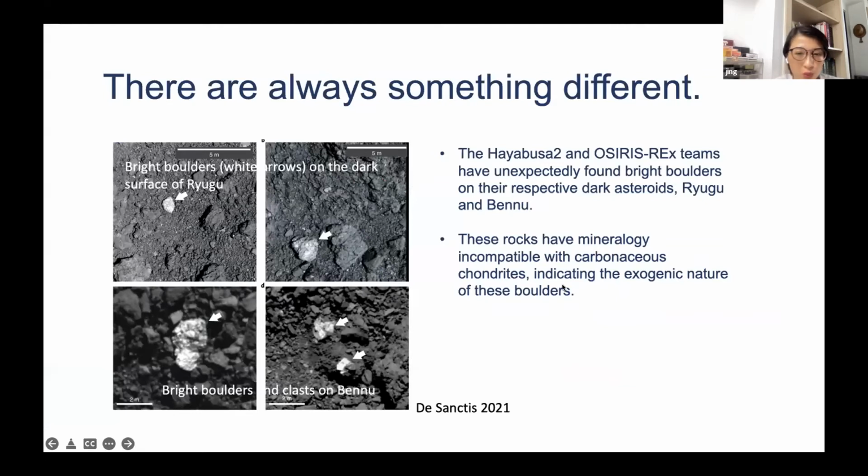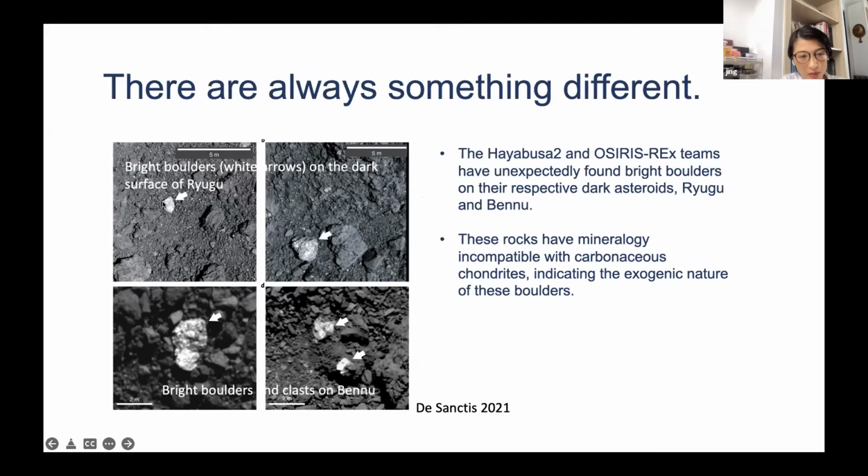So the Hayabusa2 and the OSIRIS-REx team have unexpectedly found bright boulders on their dark asteroids. The top is Ryugu, the bottom here is Bennu. But these rocks have a different composition from carbonaceous chondrites.